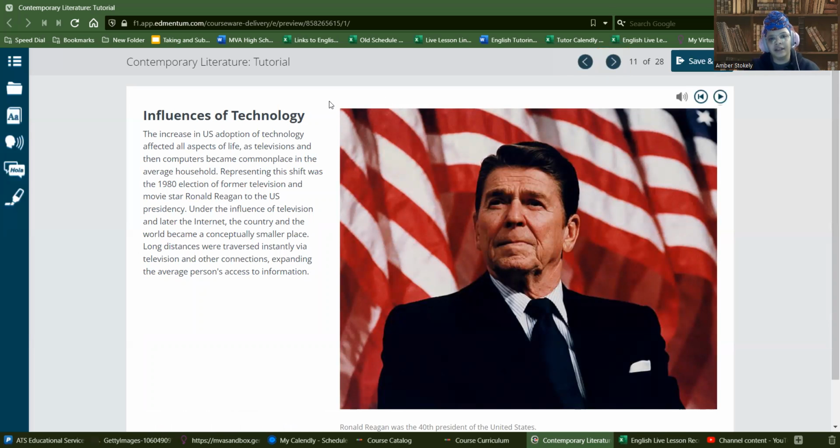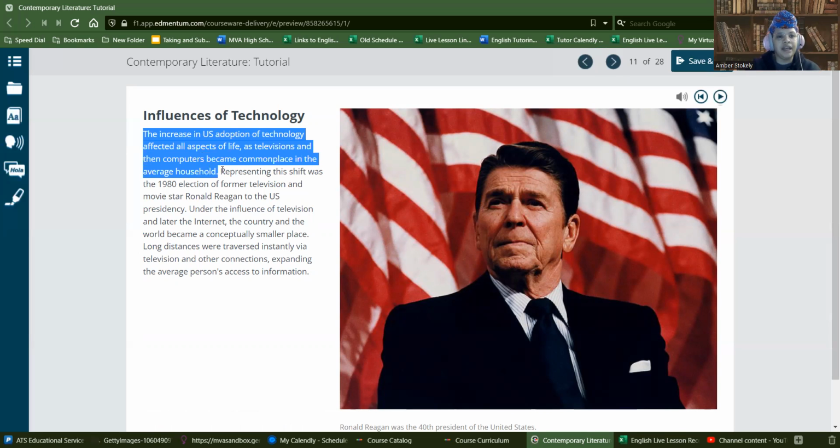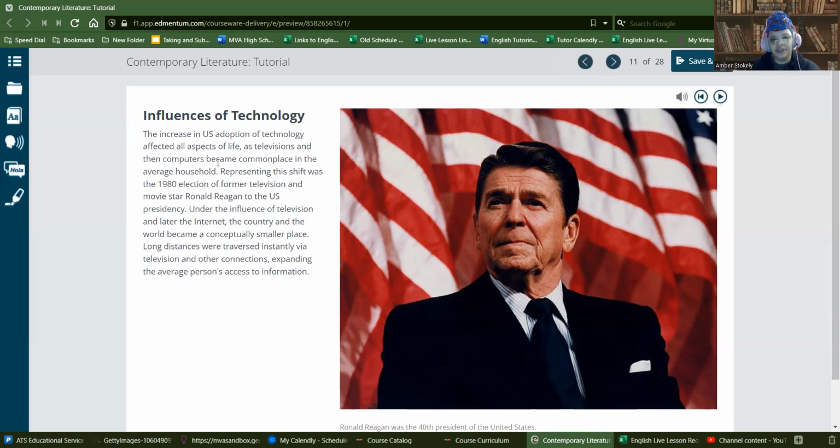So the next slide, 11, directly goes into the influence of technology. It says here, the increase in US adoption of technology affected all aspects of life as televisions and then computers became commonplace in the average household. So things that represented this shift was the election of former television and movie star Ronald Reagan to the US presidency.